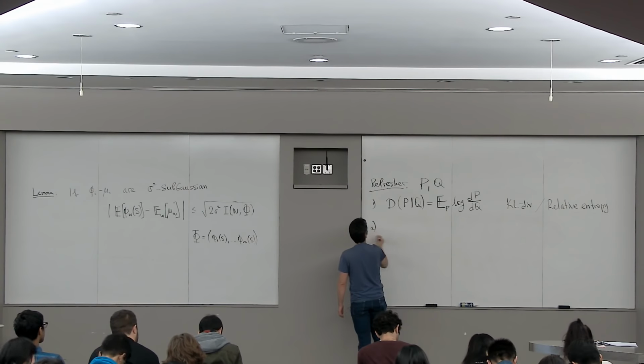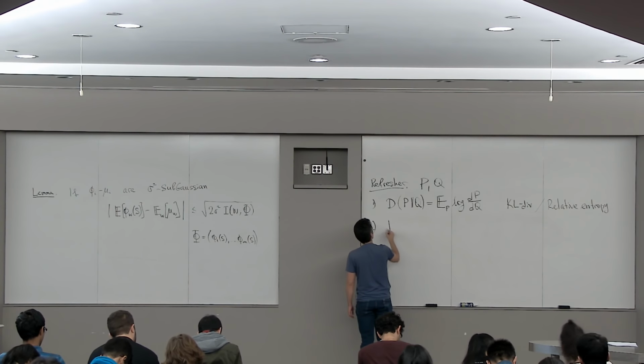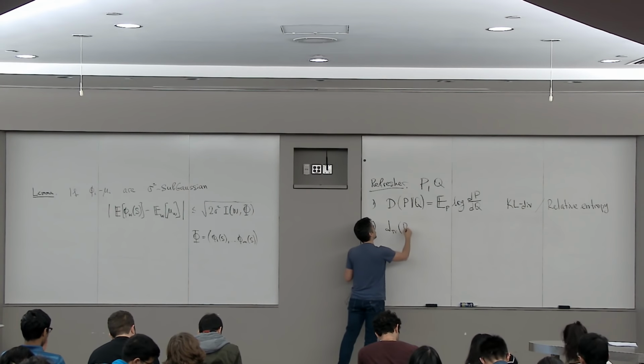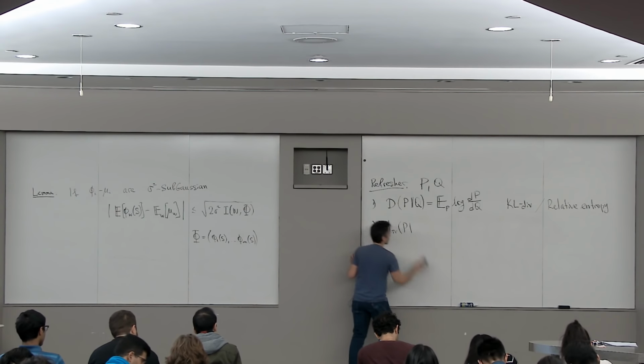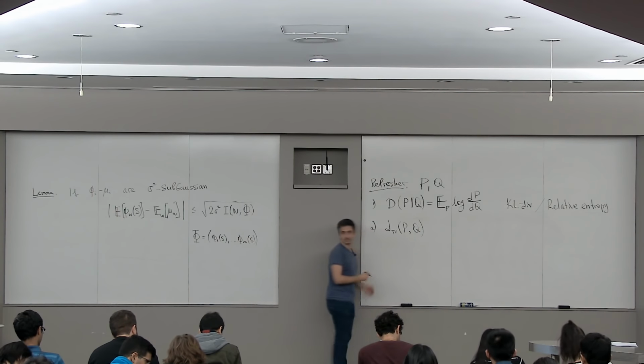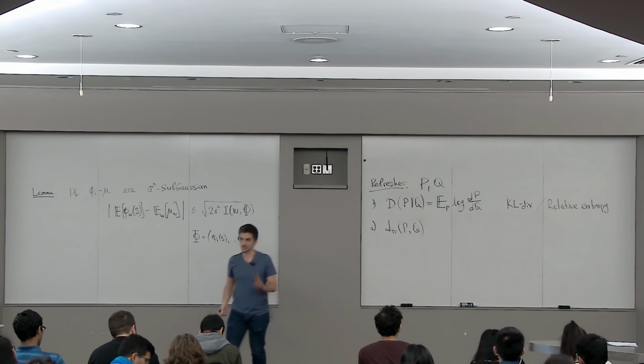The second one is total variation. Let me denote it by little d_TV between P and Q. It's common to put a comma here because this one is symmetric.